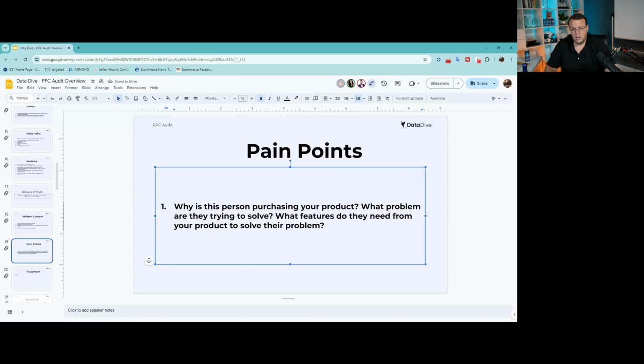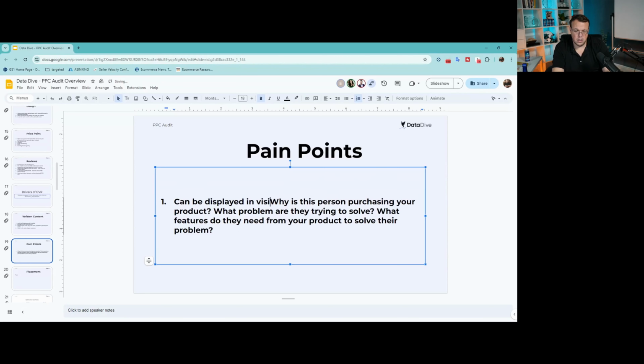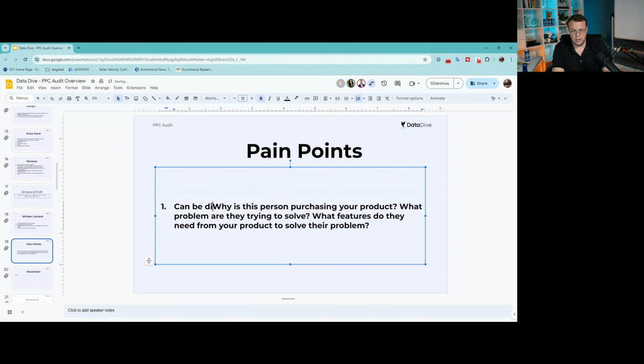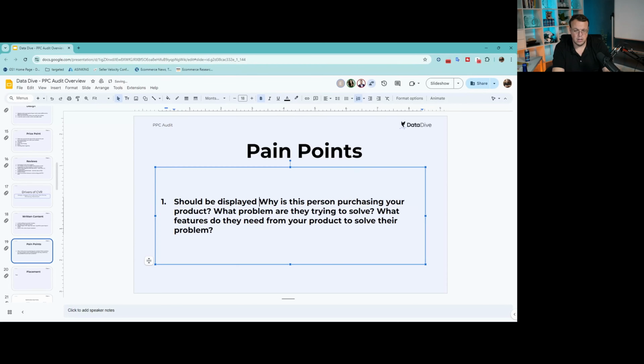If you don't answer this, again, they're going to bounce. So it's important to put it twice. It should be displayed in visual content and written content.